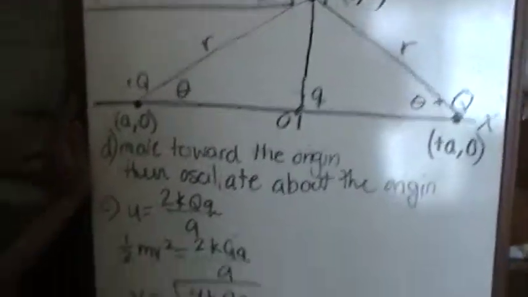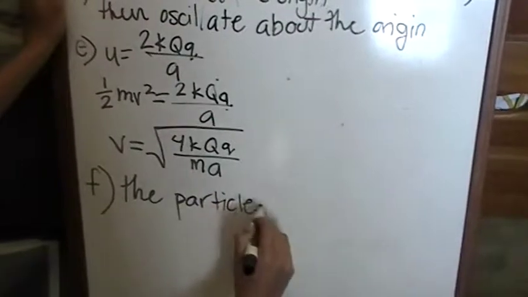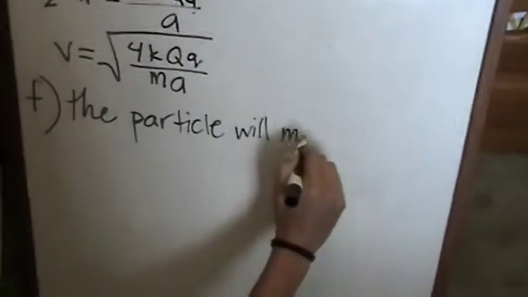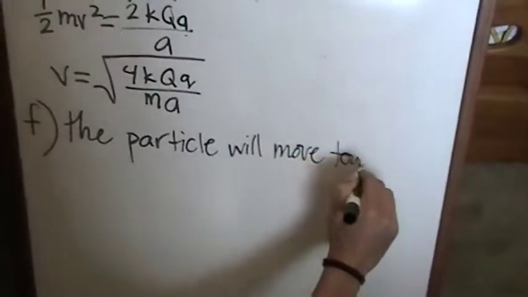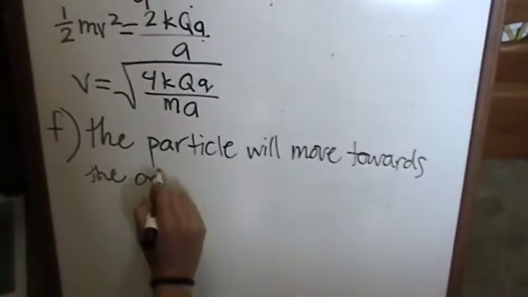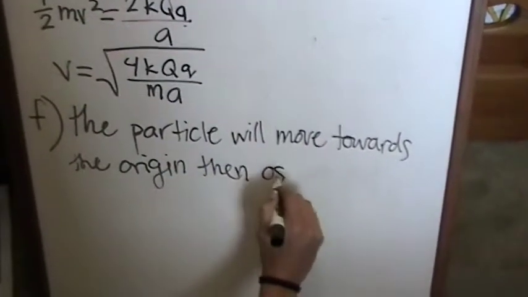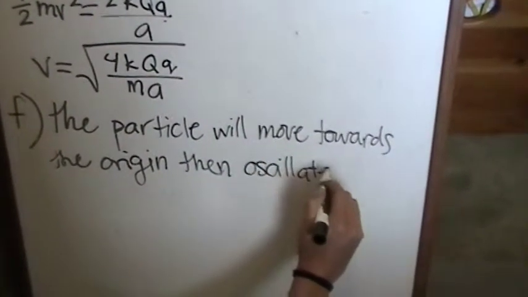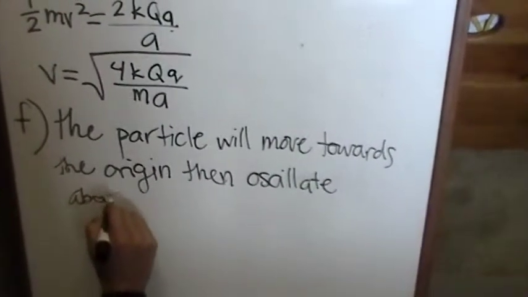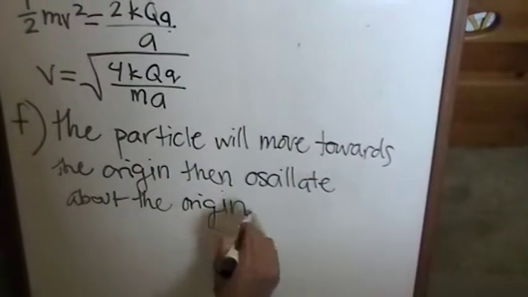So the particle will move towards the origin, then oscillate about the origin. Okay.